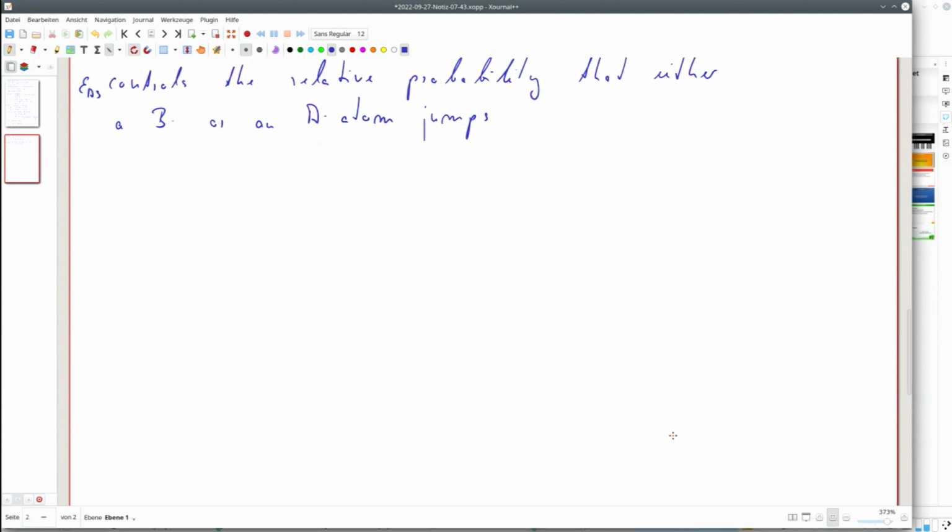How can we determine a diffusion coefficient from a Monte Carlo simulation?